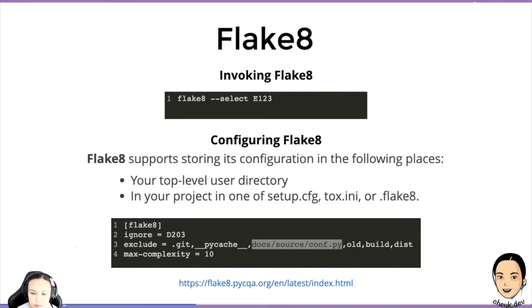It's not your normal Python file, but it's still a Python file. You want Flake8 to ignore it, because otherwise you get millions of warnings. It doesn't really affect the readability of your code, because everybody writes a Sphinx config that way anyway, so you don't have to care about standardizing it.